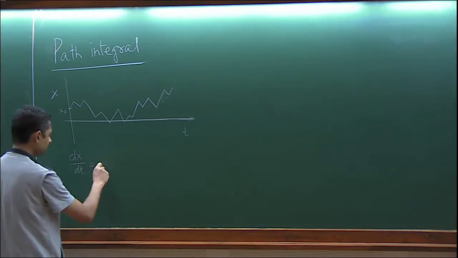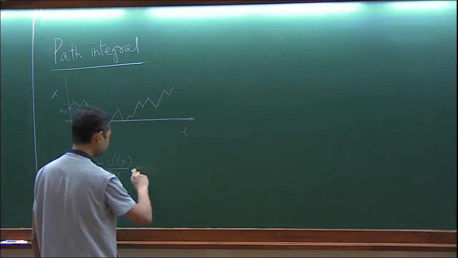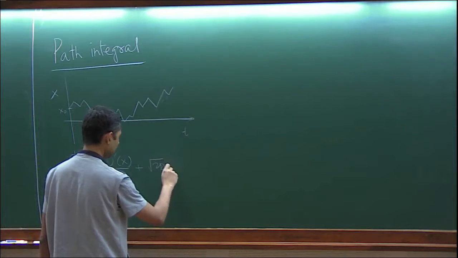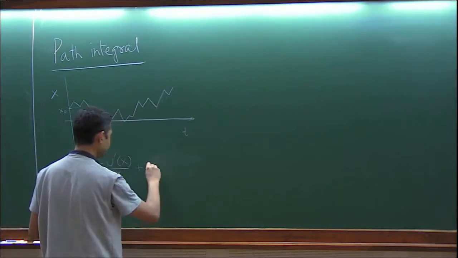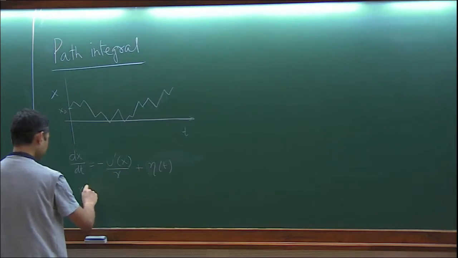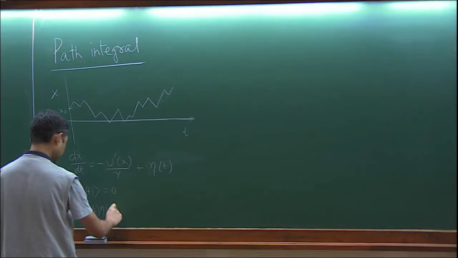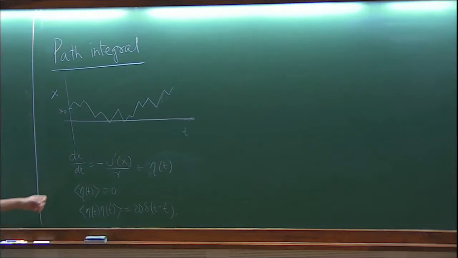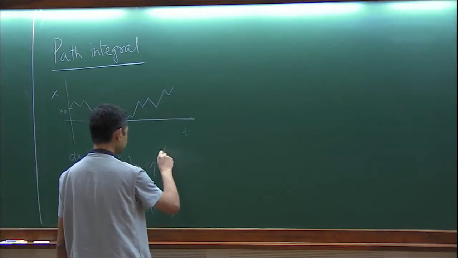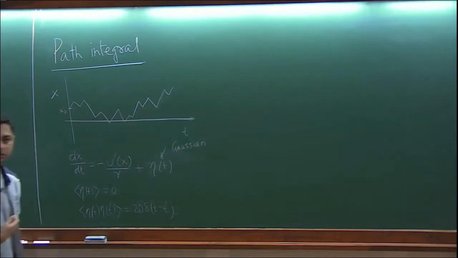The noise has mean 0, and this eta is a Gaussian random number.